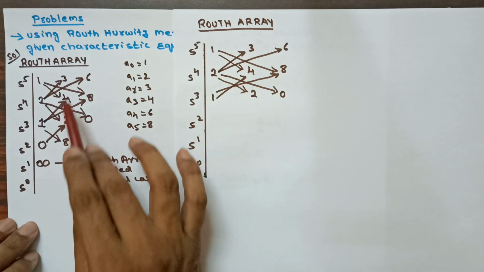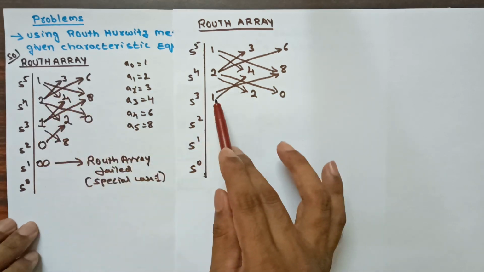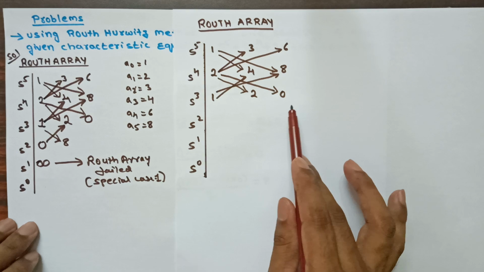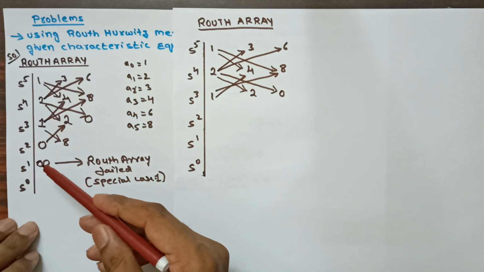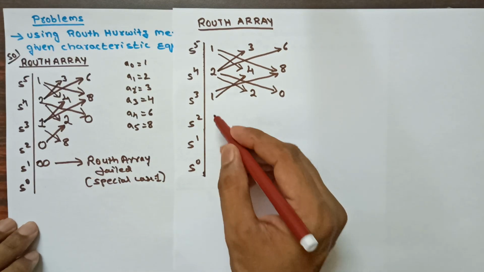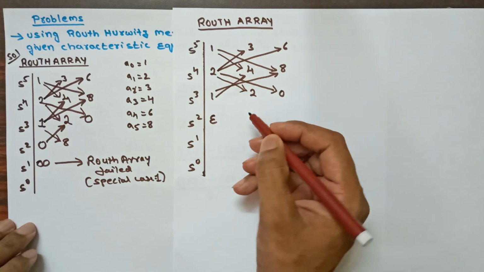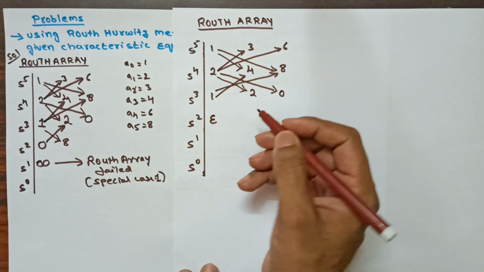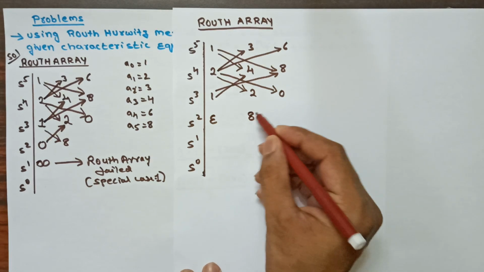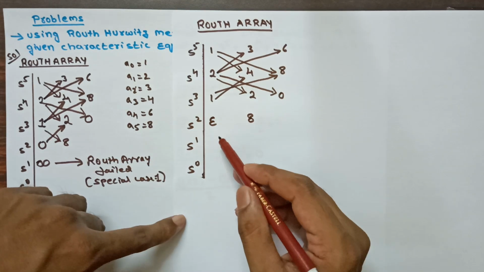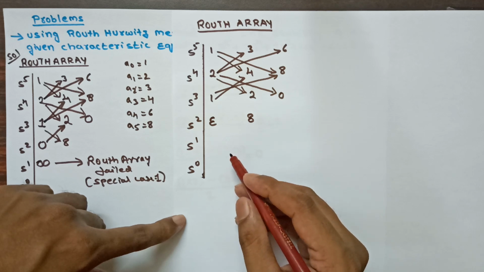You can see here I have written these 3 rows as they are, first row, second row and third row, and in the fourth row where I got 0, I am replacing it with epsilon, and then the second value as it is, that is 8. Now we are going to proceed to form the array.